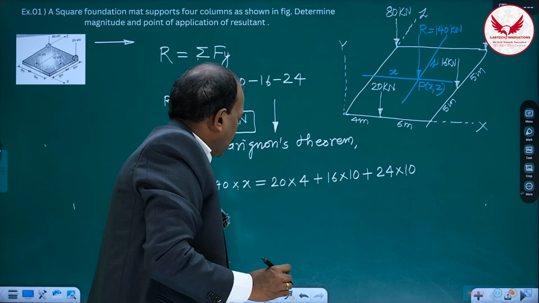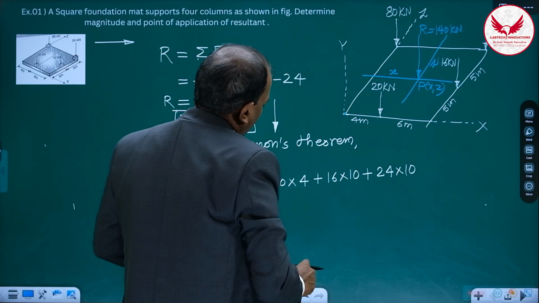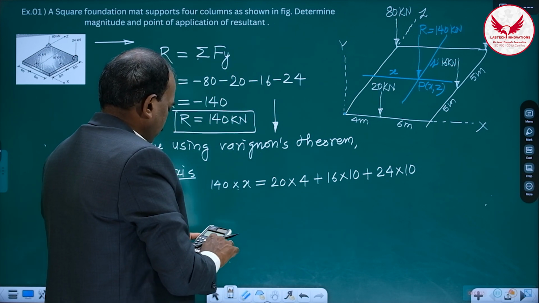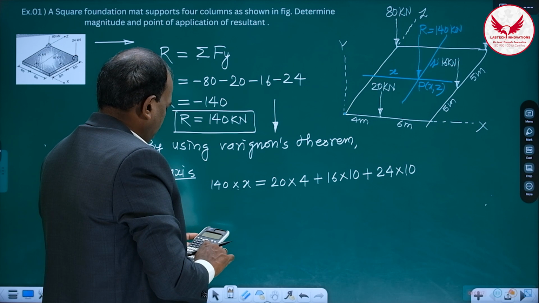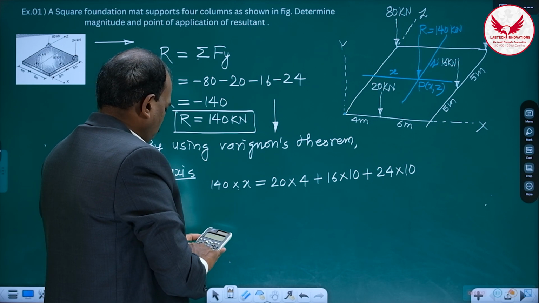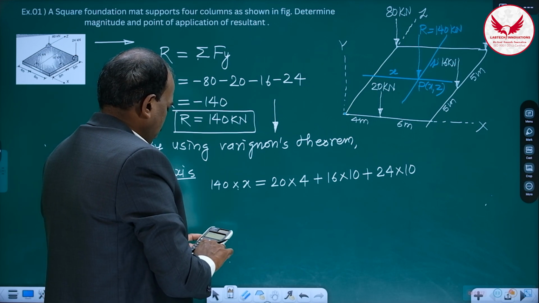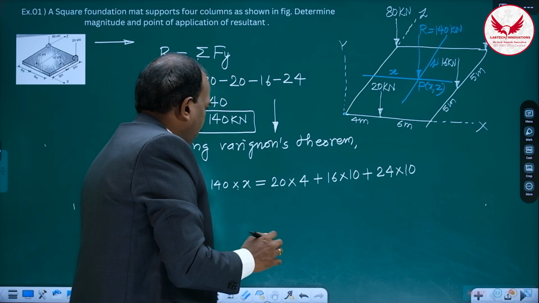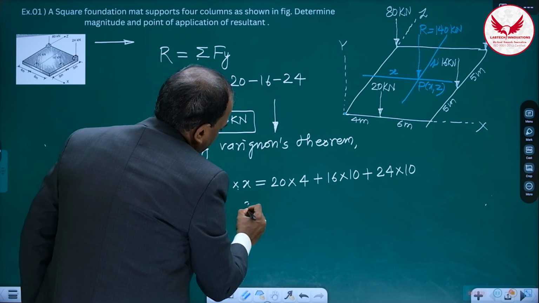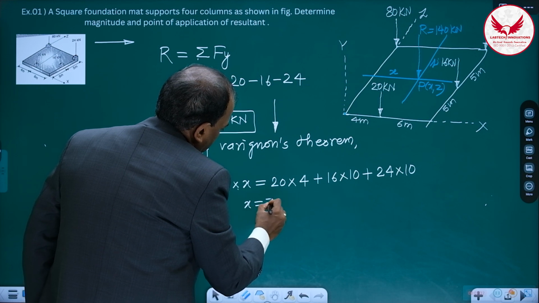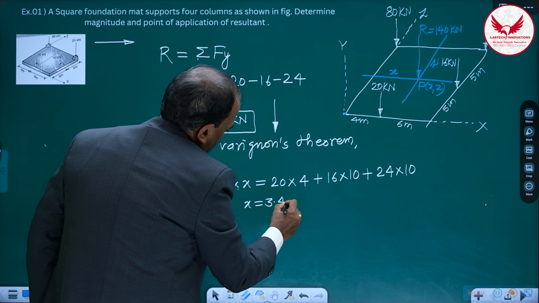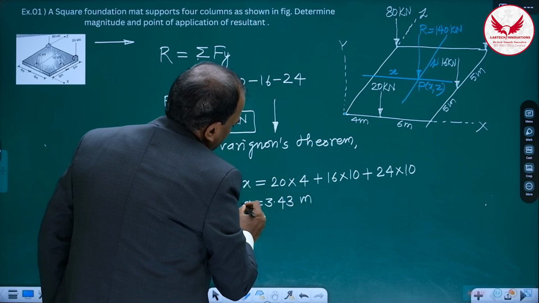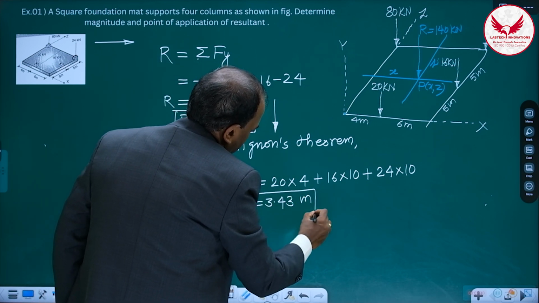Means actually it is 40 into 10, 400 plus 80, 480 divided by 140. It's 3.428, means 3.43. X is going to be 3.43 meters. It is the x coordinate.